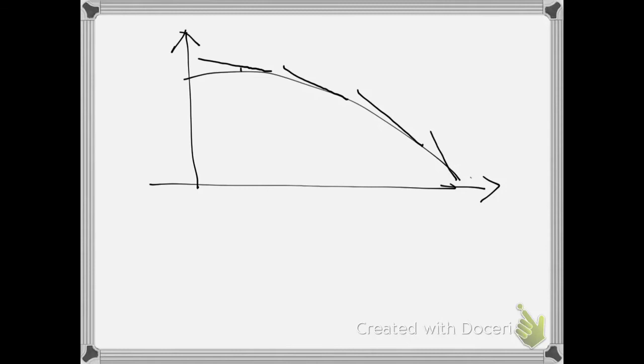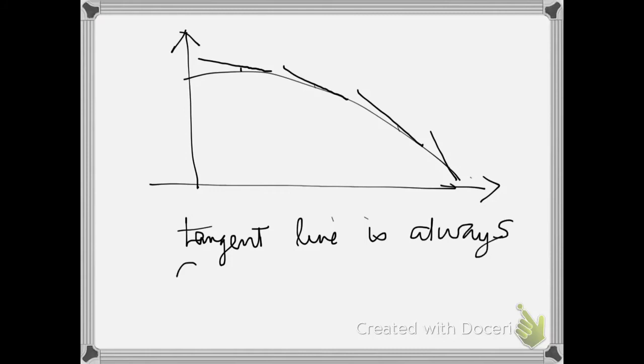At any point on the graph, if you draw the tangent line, it will always be above the graph. So the tangent line is always above the graph. And since we use the tangent line as our approximation, then naturally the value that we got will always be greater than the actual value of the function.